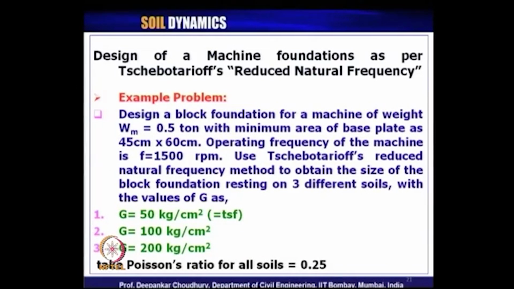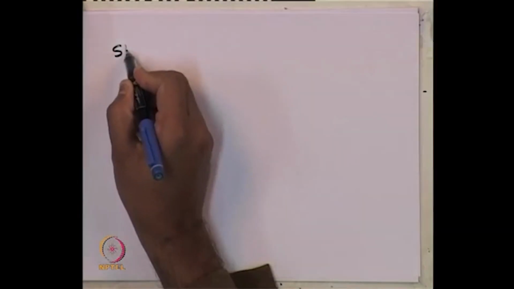Now, beyond that, only for the dynamic component I am showing you the design procedure here. So, that does not mean that it is the only component for the design. So, remember this one. I am only covering here under dynamic load whatever the design criteria. So, let us see step wise.